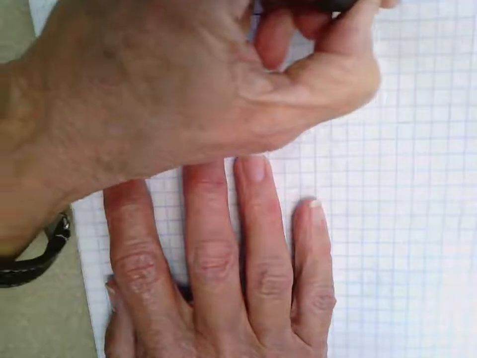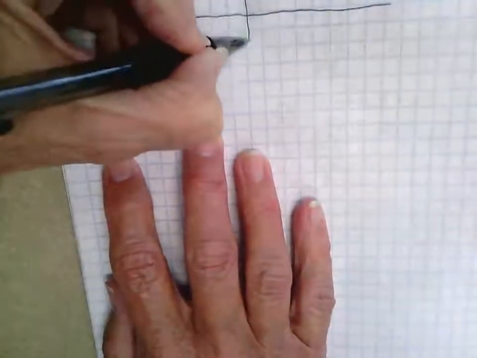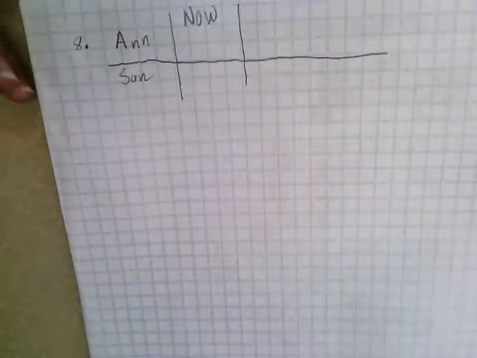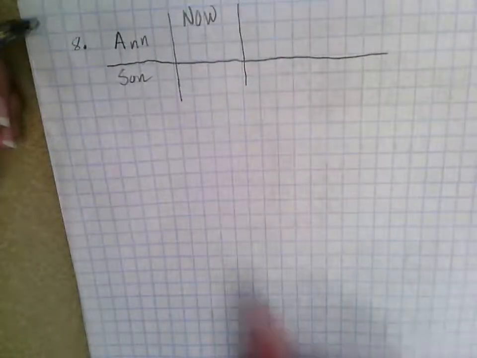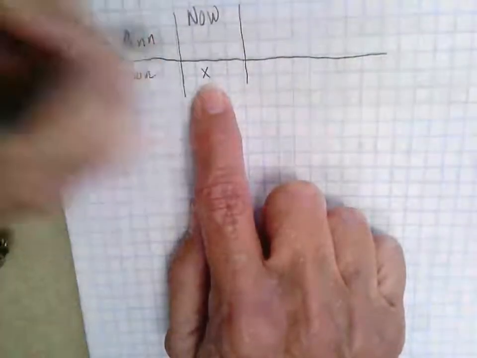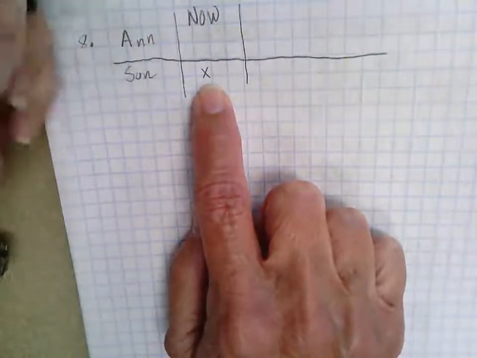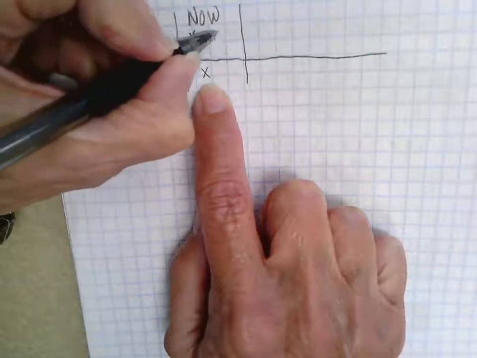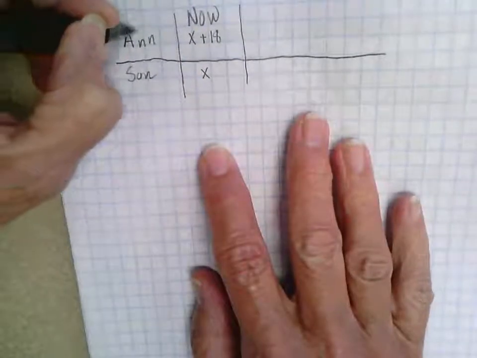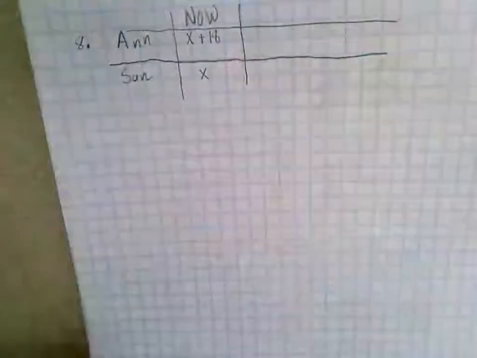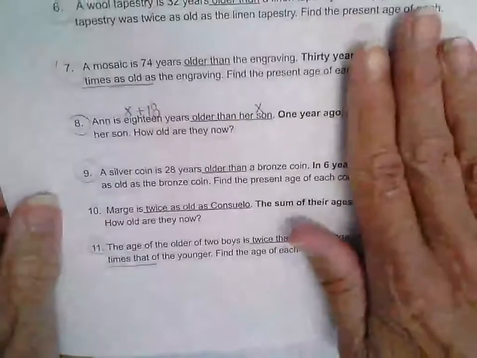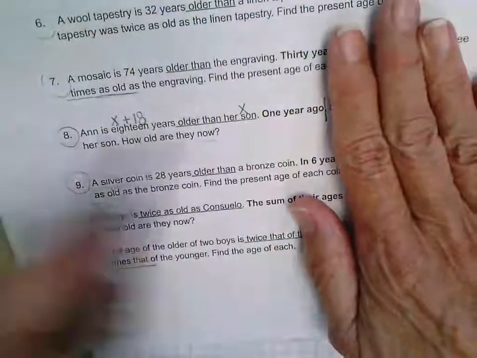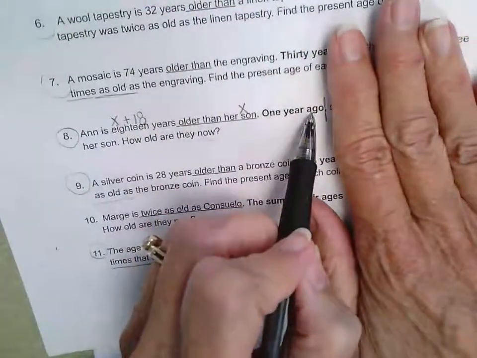And input the information that we have up to the point where we have the bolded words. So we know that the son is our variable x, and that Anne is 18 years older than her son. And that is their ages now. In number 8, remember we stop 1 year ago. This is going into the past.